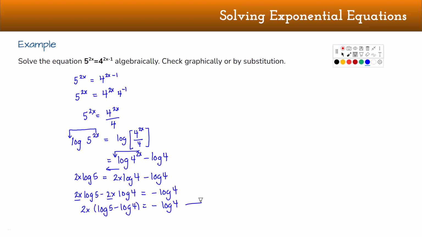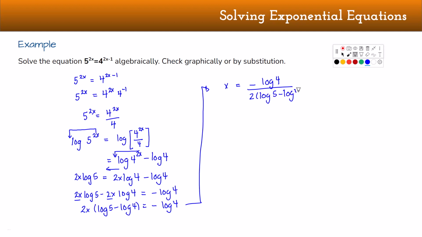And let's take that up and over, because I hate working horizontally. And I'm going to divide both sides by 2 and the log 5 minus log 4. So that's going to give me x on the left-hand side, and it's going to be negative log 4 all over 2 log 5 minus log 4.